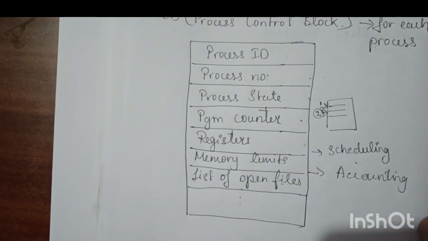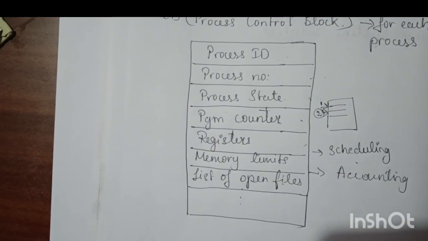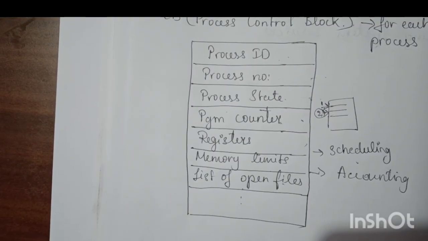And input output status: input output devices are also used sometimes, as I said in your process state, that a process may need some input output devices to be executed, correct? So all those statuses are assigned to a particular process for its execution.